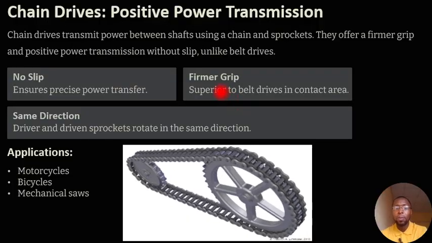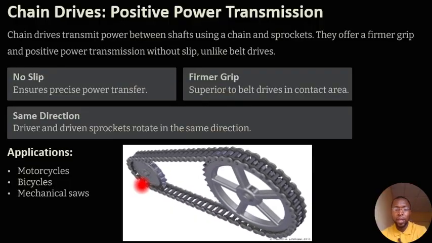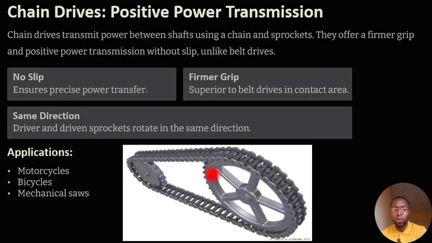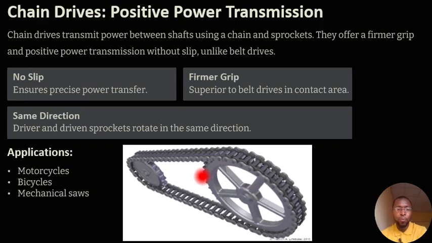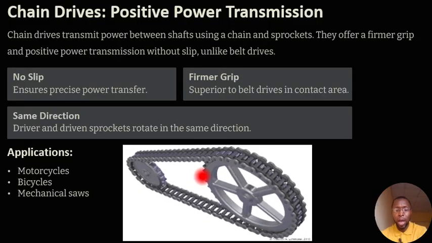It grips better than that of belt drive. And in this case, the chain moves in the same direction, just like we mentioned for that of the straight lap.